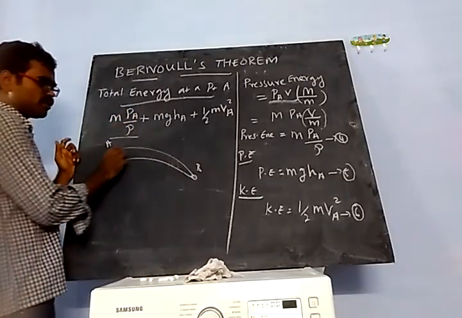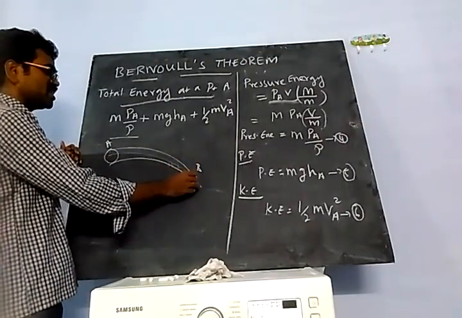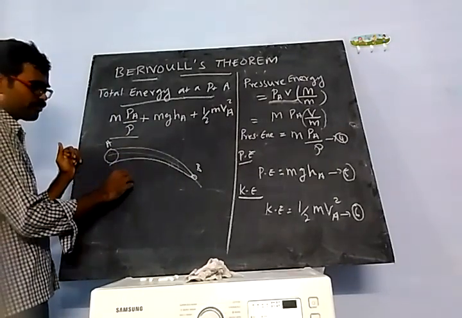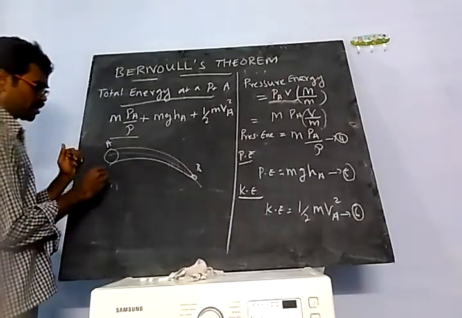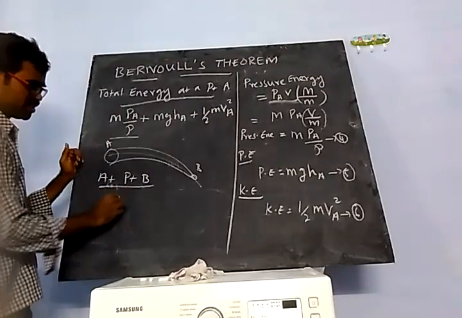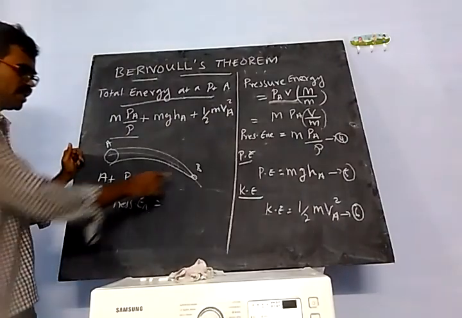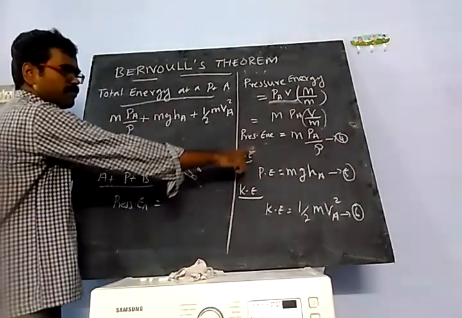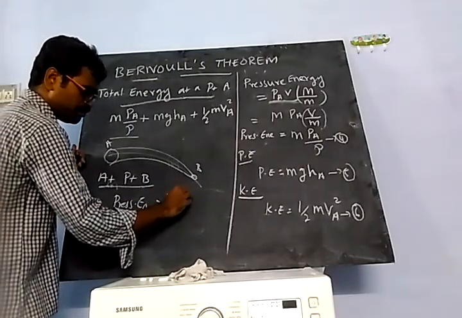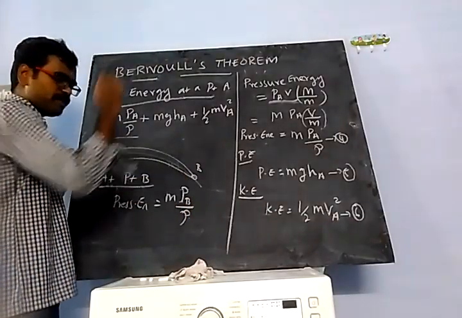Suppose the liquid is leaving at the point B. So what is the pressure energy at point B? The pressure energy at point B is m P_B by rho, because the pressure at the point B is P_B.